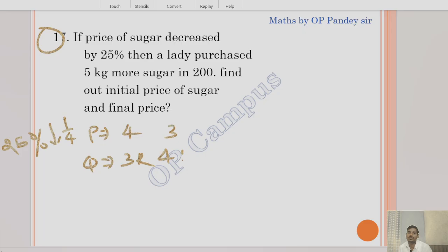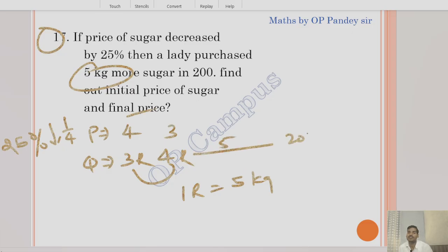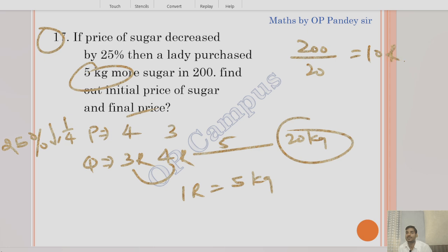Increased quantity is how much? 1 ratio, and 1 ratio according to the question is 5 kilogram. Find out the final price. So final quantity becomes multiplied by 5, and that is 20 kilogram. Final quantity 20 kilogram, then final price becomes 200 divided by 20, this is 10 rupees per kilogram.